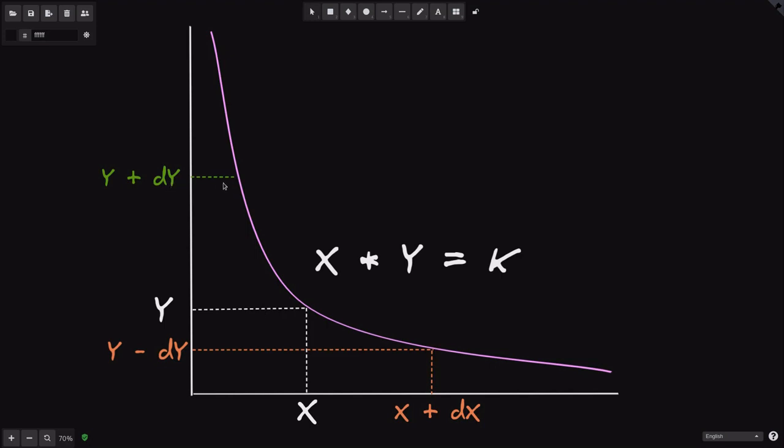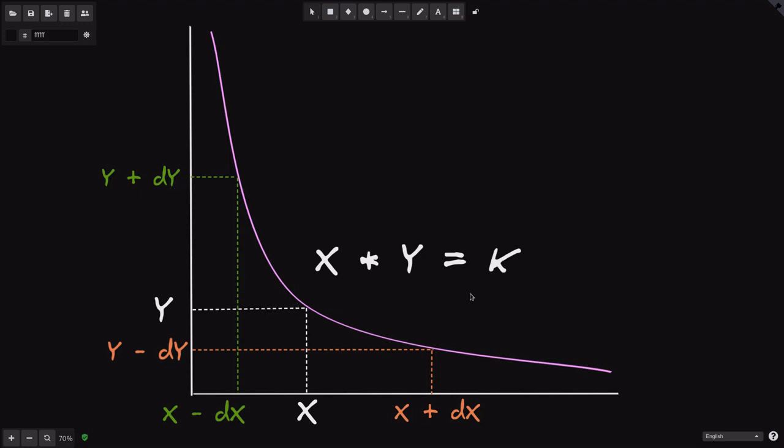Well, we can calculate this by looking at the curve. In this case, X will have to be somewhere around here. And in order for X to be around here, we'll have to subtract dx from the original X. And the difference between these two positions, which is equal to dx, is the amount of X tokens that you'll get for putting in dy tokens.